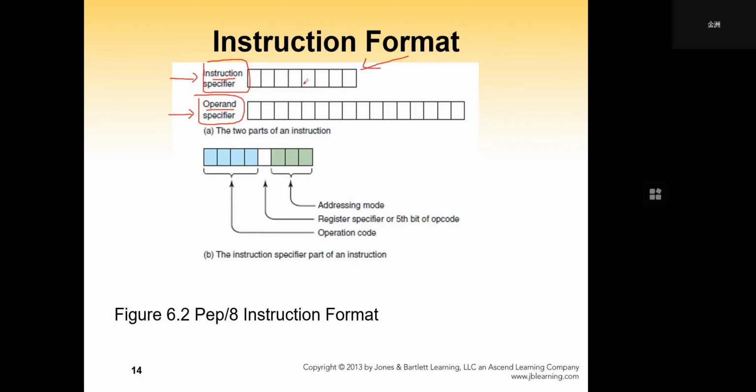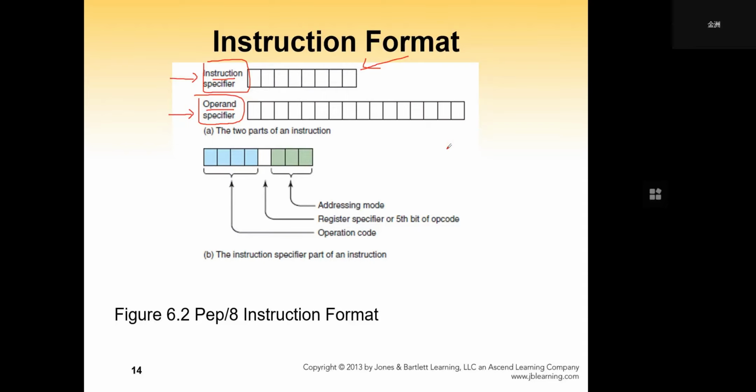So when we read each instruction, we first check the first 8 bits so that we decode what instruction it represents. And then for any instruction, we look at the next 16 bits so that we know what kind of operand it is going to operate on.